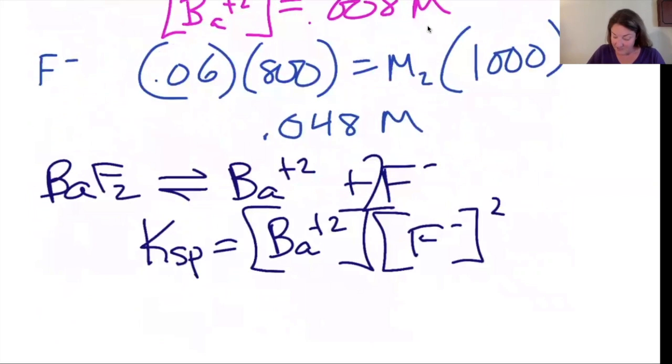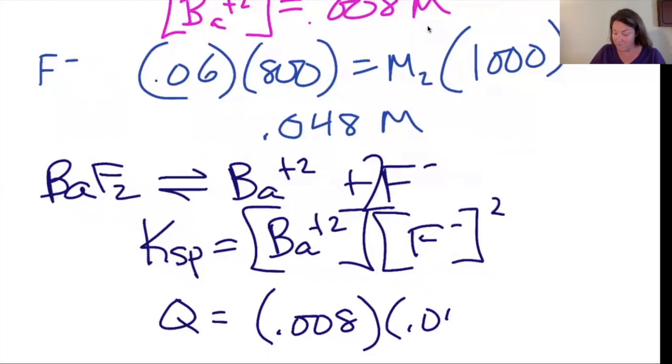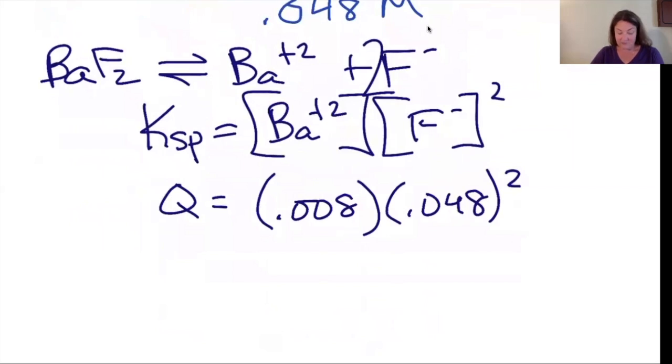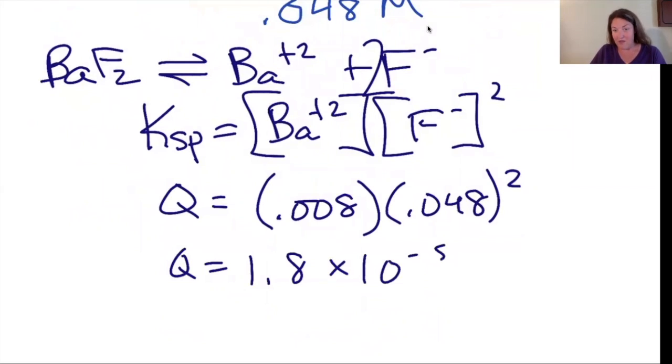Calculating Q, I'm going to plug in the present concentrations. Barium was 0.008, the fluoride is 0.048, and the fluoride is squared. 0.008 times 0.048 squared yields 1.8 times 10 to the negative fifth.